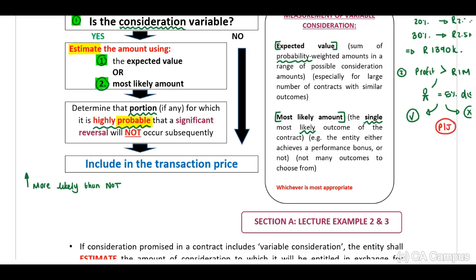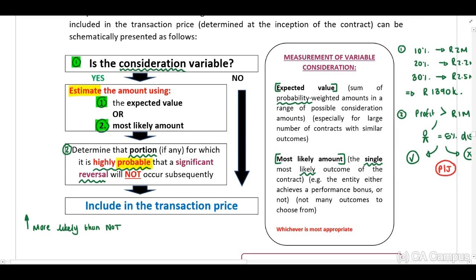Okay. Now, let's just refer back to this block. Determine that portion for which it is highly probable that a significant reversal will not occur subsequently. Now, I'm going to explain it to you as follows. First step, we need to determine and estimate what is our revenue amount that we can recognize. Step number 1, based on expected value method or most likely amount.